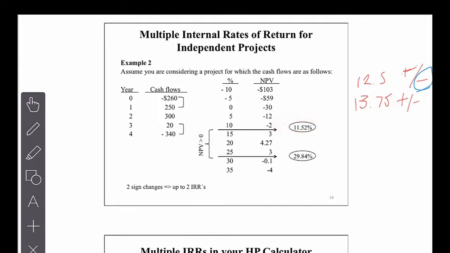Okay, so how does the calculator find that value? You ask for IRR compute. IRR compute might give you this one, or IRR compute might give you this one, because it happens again.